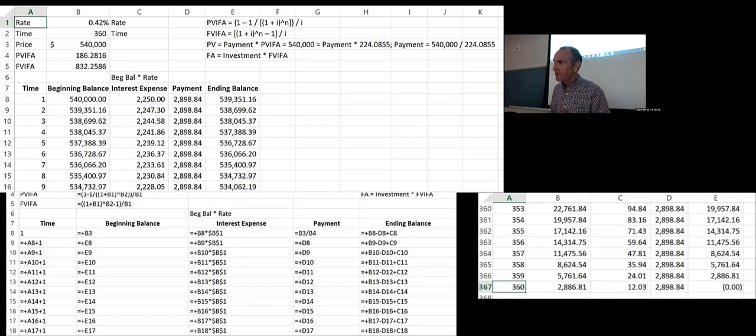Now in a present value function, you'll know you did it right, or have an idea, if the factor is less than the time. So we should get something less than 360. On the future value, it should be more than the time. All right, if I hit enter, does that look like that could be right? Looks good, right?